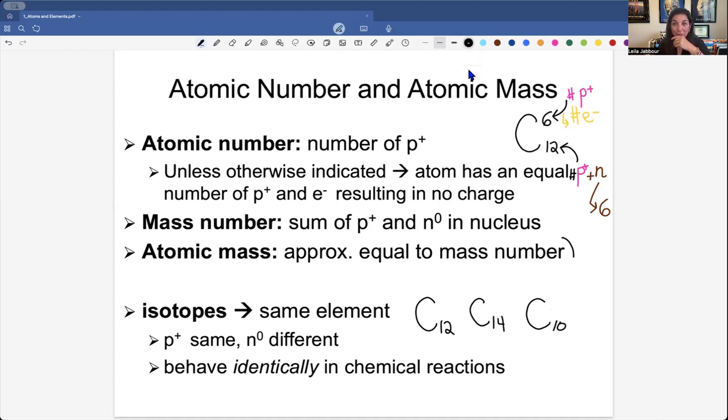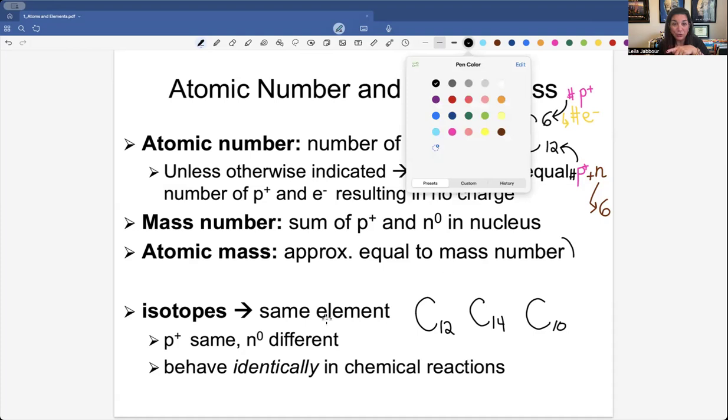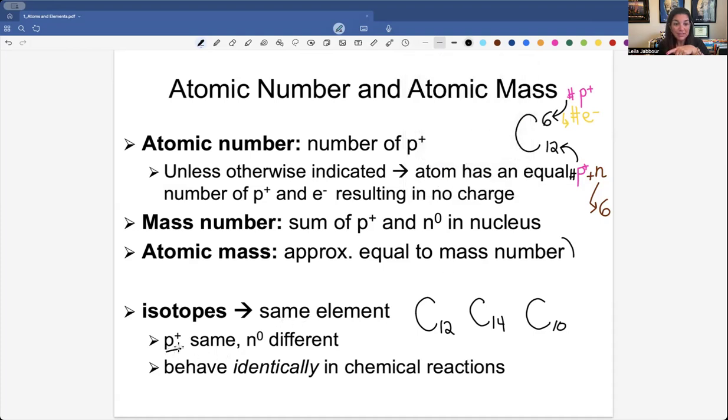Well, let me tell you one more thing about these isotopes. They all have the same number of protons. So that atomic number over here is all the same. See? That's the atomic number, and it's the number of protons, right?